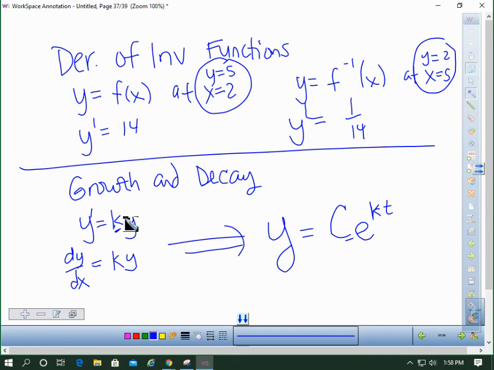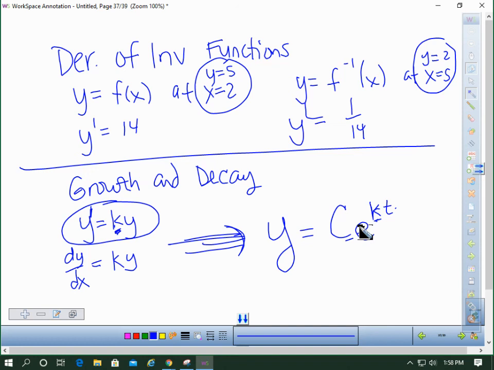But I just want you to remember that if you start out with this situation, y prime equals some constant of proportionality times y, that always leads to this formula: y equals C e to the kt, where this k is this k right here.